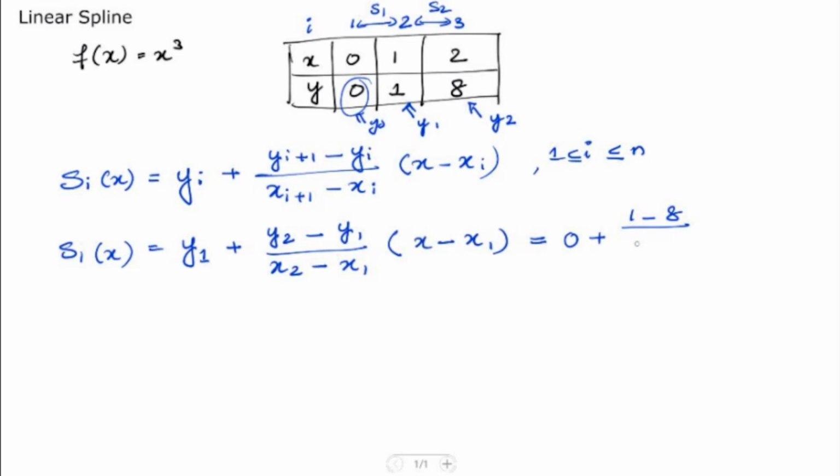So we have here now x2, that is 1, minus x1, that is 0. And this whole thing we have times x minus x1, which is 0. So now if you solve that, you will get here only x, where x is an element of the interval from 0 to 1.